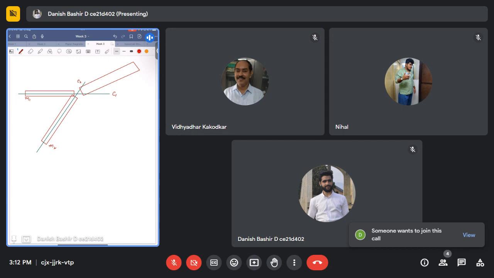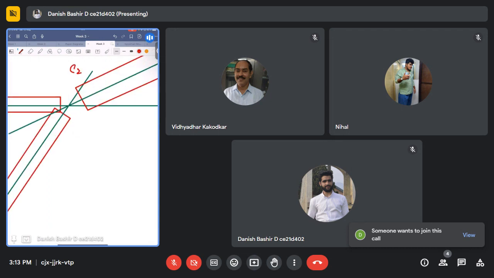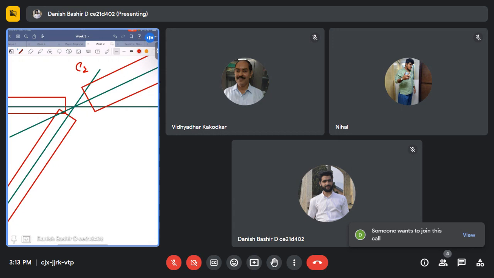So this assumption states that these members are connected at a joint like this, so that their centroidal axes coincide at the joint point. Okay, so I will make it intersect here. It is centroidal axis C3 for member M3. So you are looking at this point. This is a joint here.